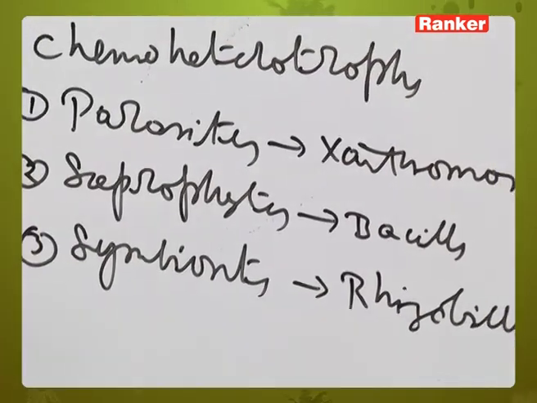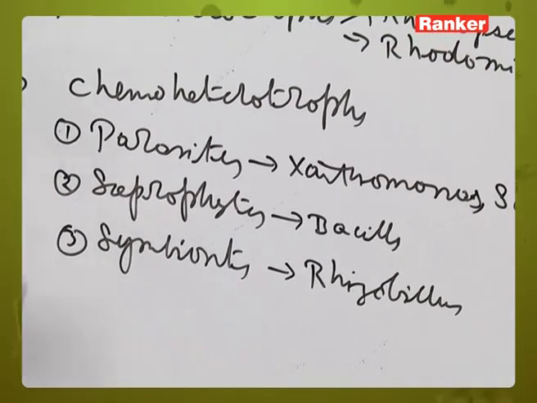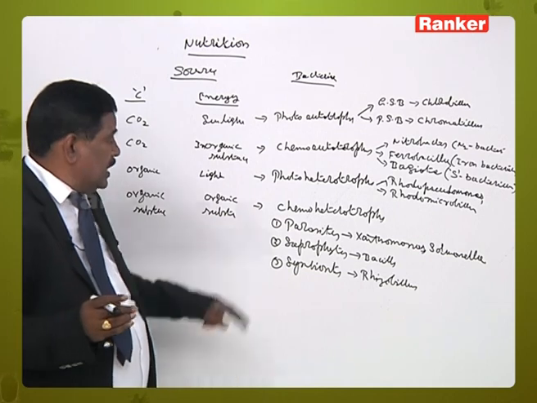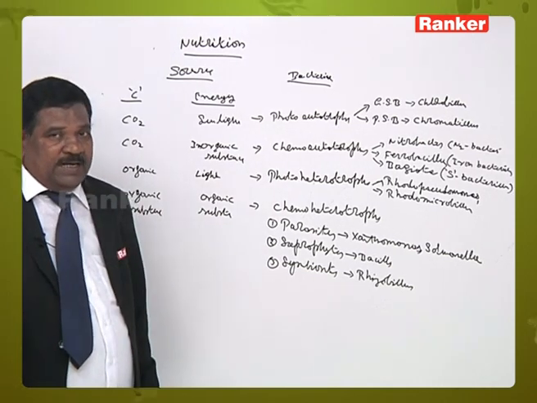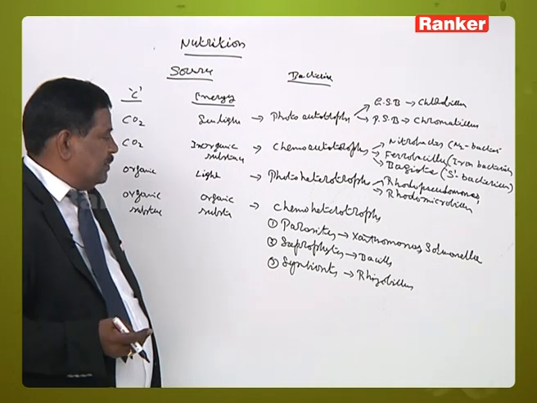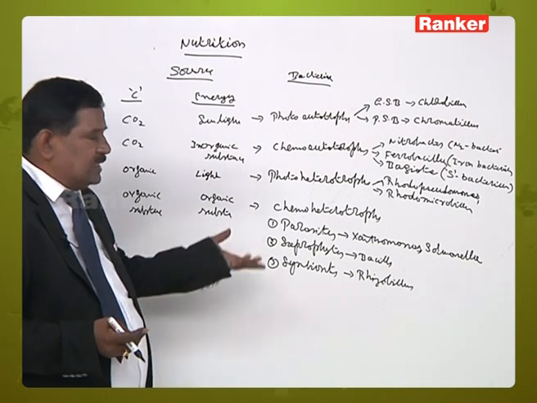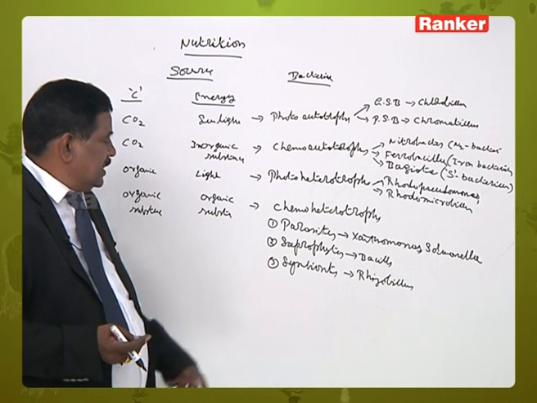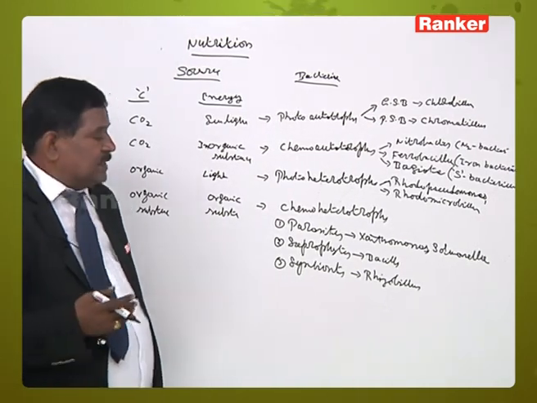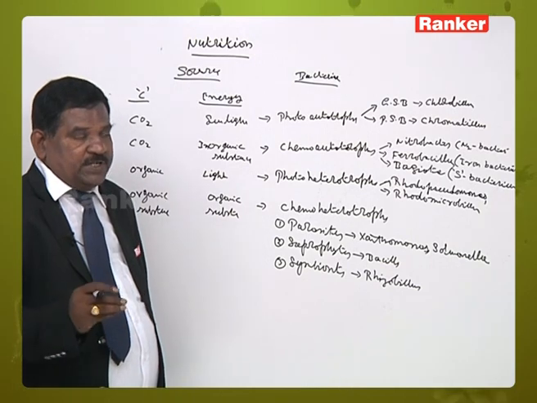Parasites cause harm to the host. Saprophytes grow on dead and decomposing organic matter. They obtain both carbon and energy from that organic matter. Symbionts are organisms involved in a mutually beneficial relationship.